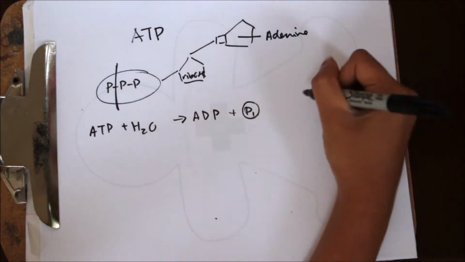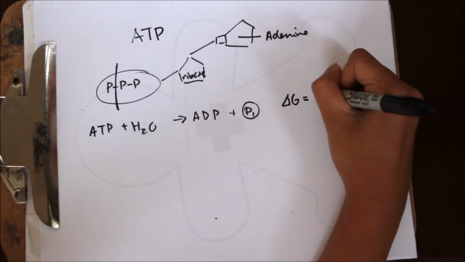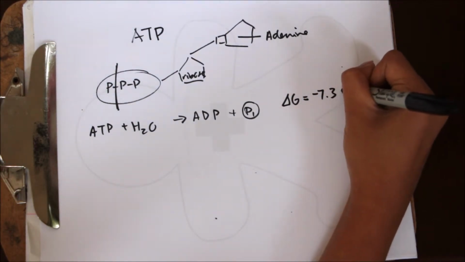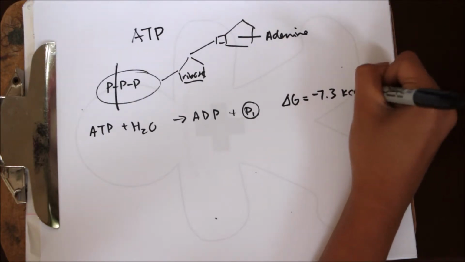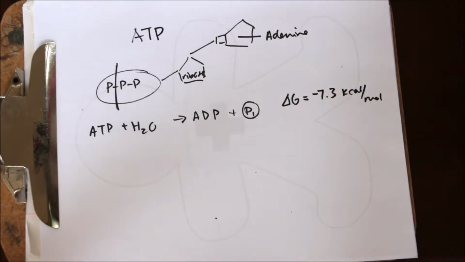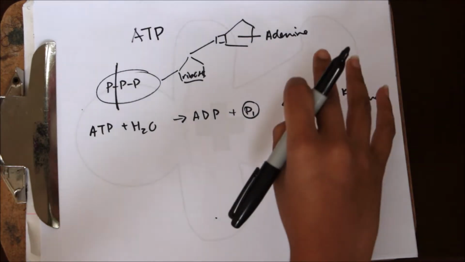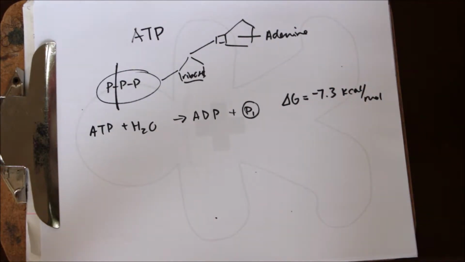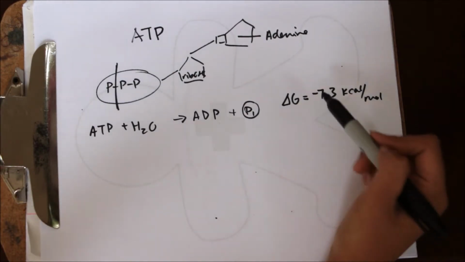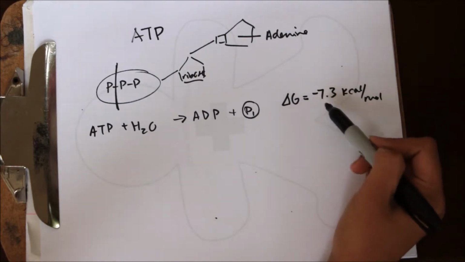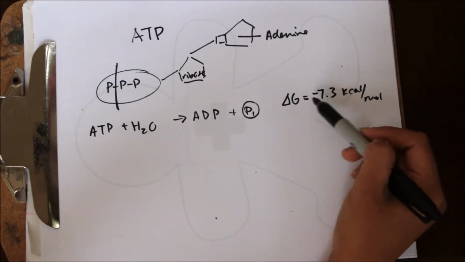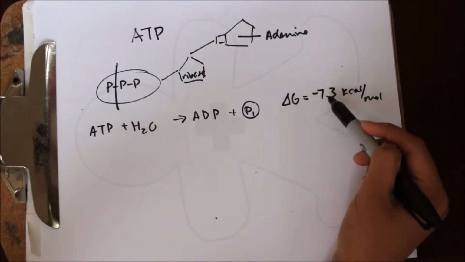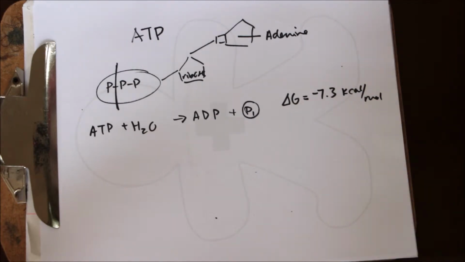This reaction is highly exothermic, and you have negative 7.3 kilocalories per mole of energy released. Since this releases energy, it can be coupled with an endergonic reaction to have the overall be exergonic. To repeat that, you have a negative 7.3. If you have a positive number that's less than the magnitude of 7.3, the overall reaction can still be negative.